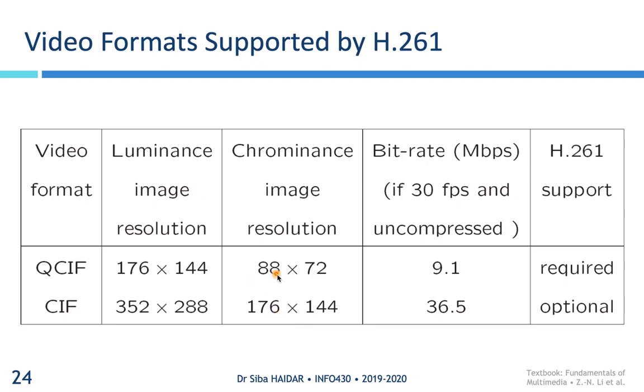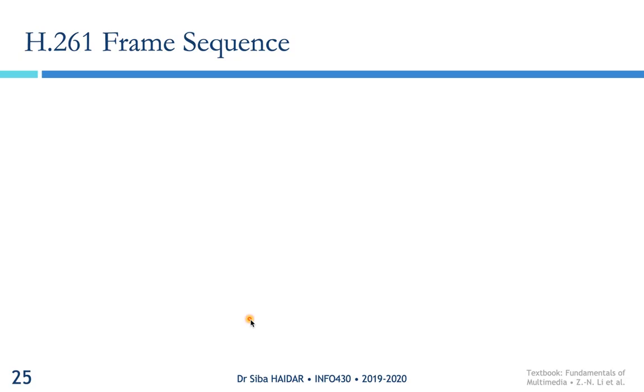So you also have half here; this is for the luminance, and this is for the chrominance, and the bitrate is 9.1, and it is required to be supported by the H.261. However, the SIF, which is a larger video, is optional to support in the H.261 standard for transmission. Of course, a video of type SIF has a bigger resolution than one of type QSIF.